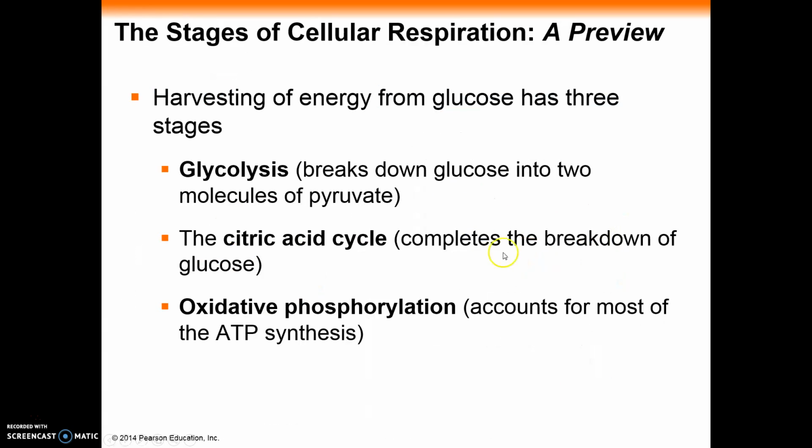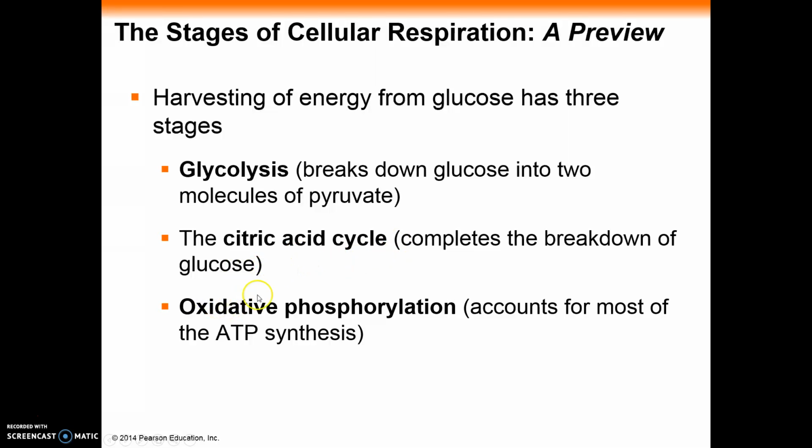So if we look at the stages of respiration, it can be broken down into this process that we call glycolysis. This is where we take glucose and split it in half and turn it into two pyruvate molecules. There is something called the citric acid cycle. This is where we finish off the breakdown of glucose into carbon dioxide.